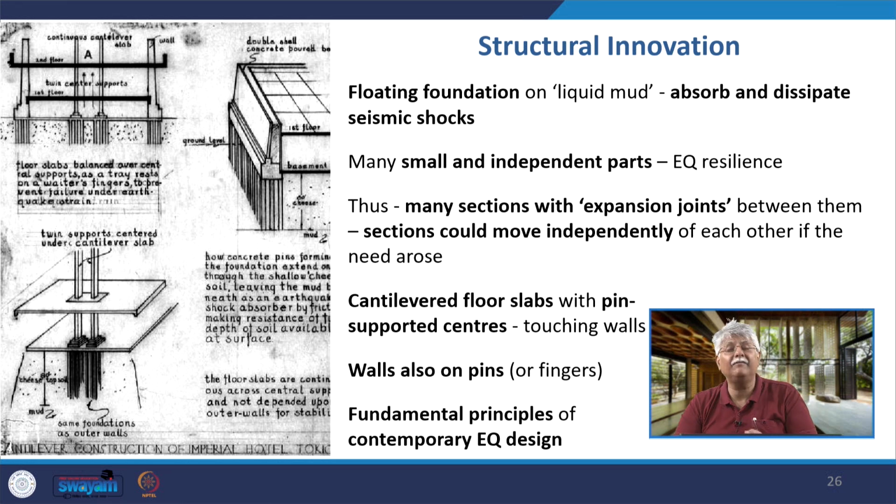And he did one thing very interesting at the time, which is a modern seismic safety principle: he designed many small and independent parts for earthquake resilience, with many sections with expansion joints between them that could move independently in case of an earthquake.